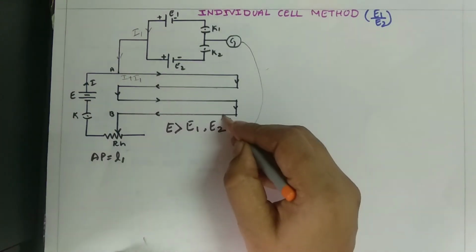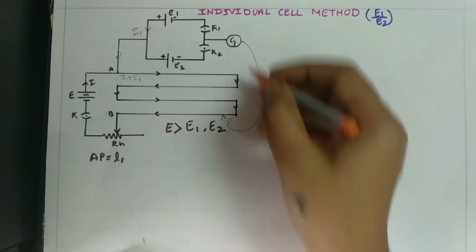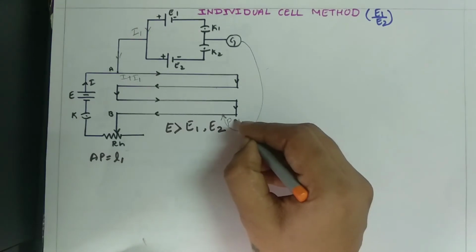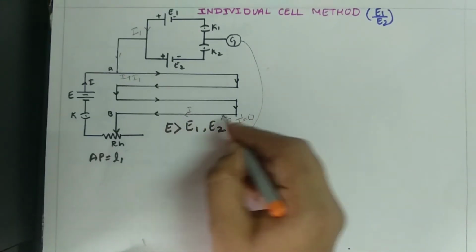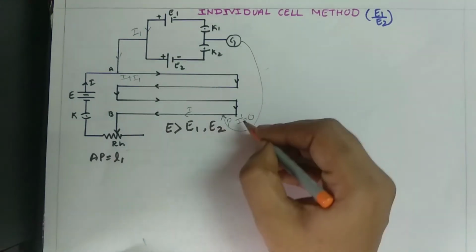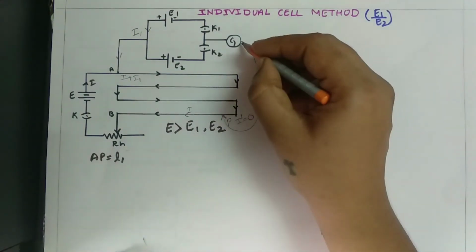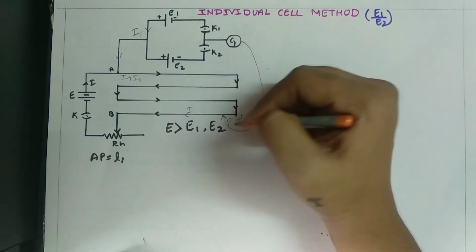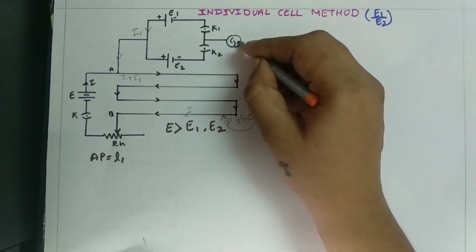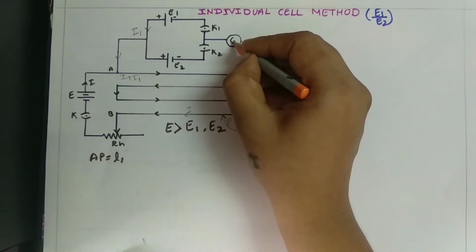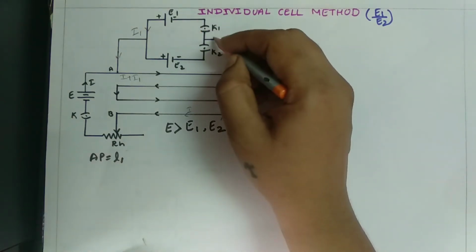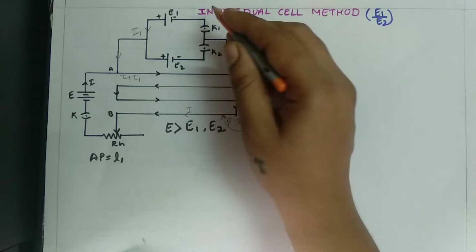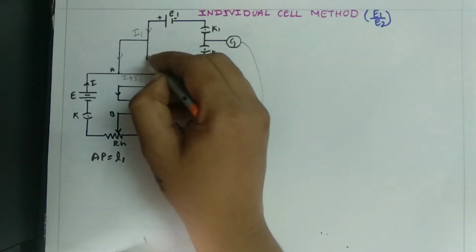What happens at P? The galvanometer showing null deflection means here I1 becomes 0, and I continues to flow through this potentiometer wire. If I1 becomes 0, no current passes through the galvanometer, which means no current is drawn from the external system.